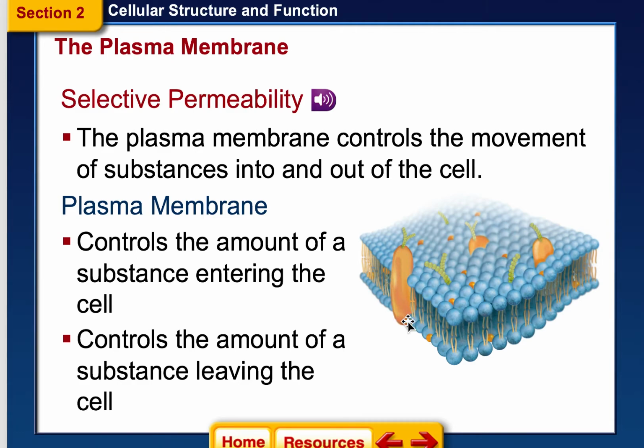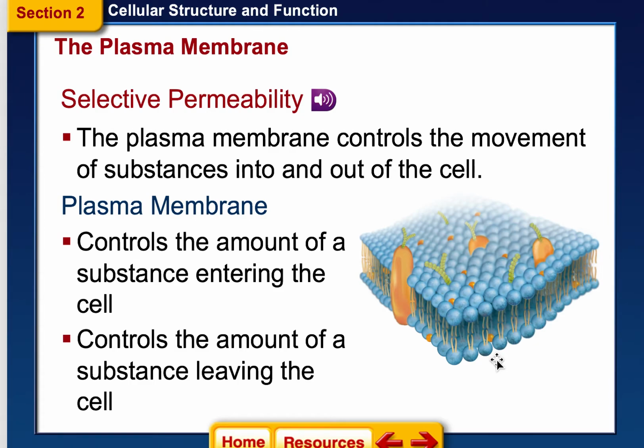All of these structures that you see here that are coming out of the cell membrane are proteins that are embedded in the membrane that actually help the passage of other substances that are too big to slip through the cracks. The only three things that can just slip through the cracks of this membrane are oxygen, CO2, and water.